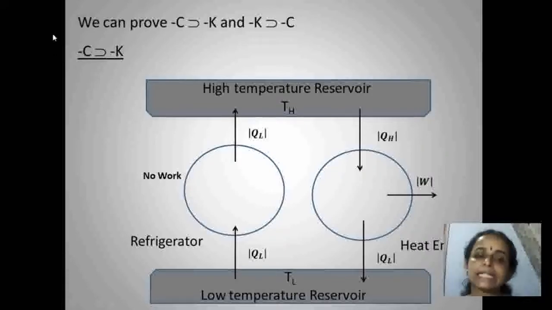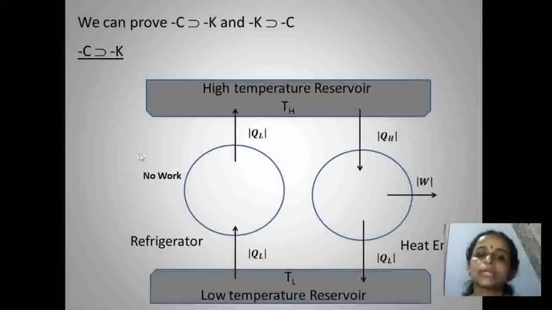So here we are dealing with the falsity of Clausius statement. That means we are transferring some quantity of heat from a lower temperature reservoir to a higher temperature reservoir without doing any work on the system. That means here the Clausius statement is false, or this refrigerator is working in contradiction to the Clausius statement.